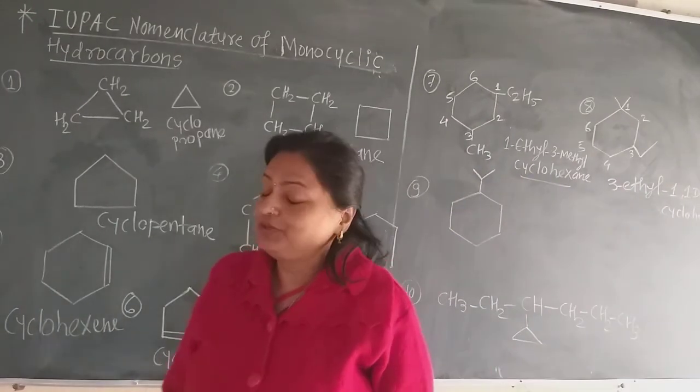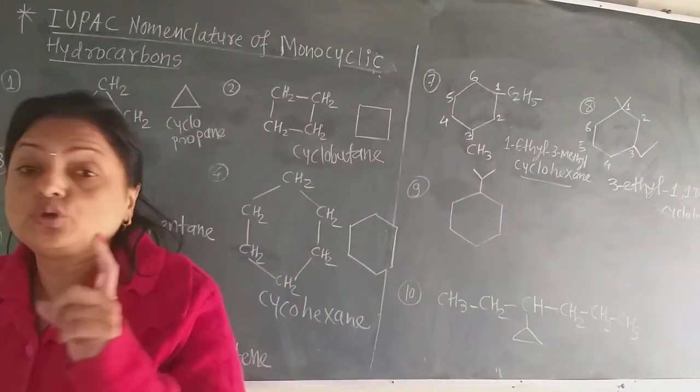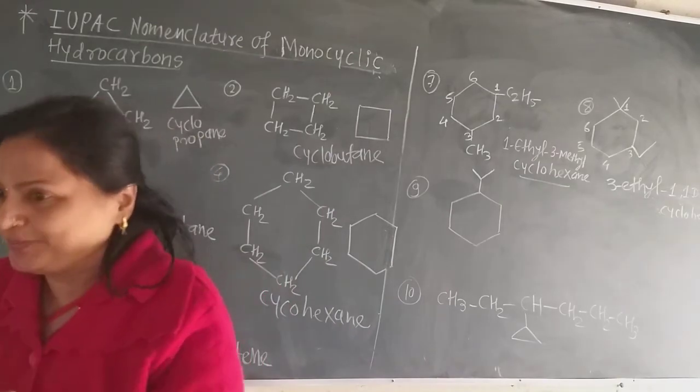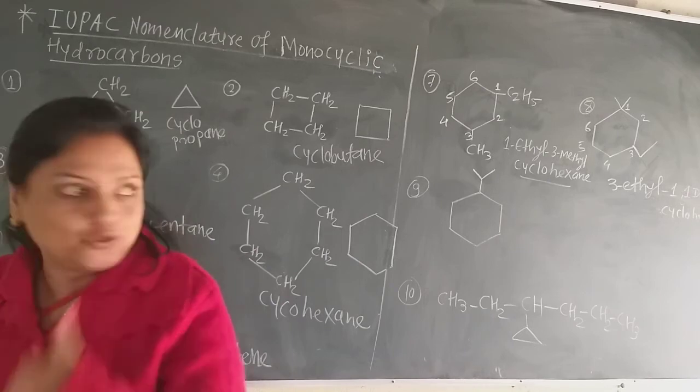Yes, very important: though it is 3-ethyl, write it first because alphabetically E comes first, then 1,1-dimethyl, and then write cyclohexane. Alphabetically, whichever alkyl group comes first is named first, though its number is 3. So it is 3-ethyl-1,1-dimethylcyclohexane.